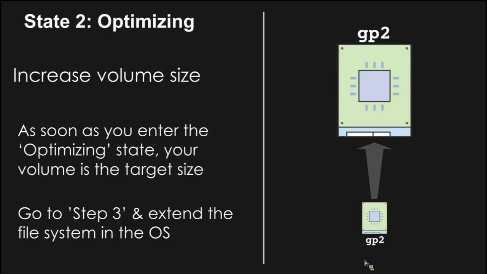If you're increasing or decreasing provisioned IOPS, in the optimizing state, again, you're going to have performance in between the original volume and the target volume. And this is only during this optimizing state of the modification.